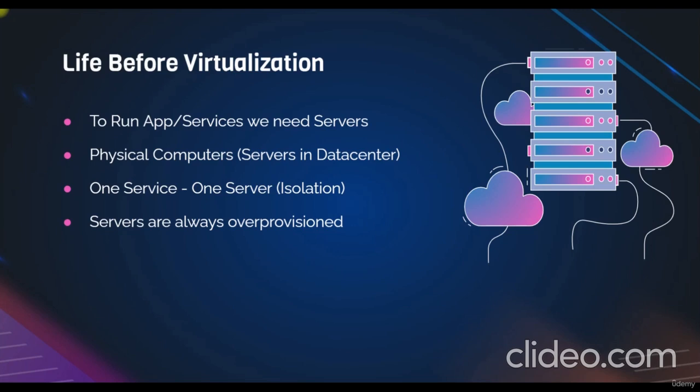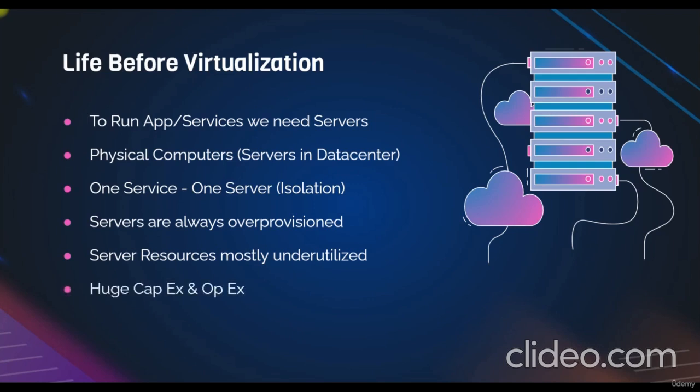That means if we need 8 GB of RAM, we will go for 12 GB of RAM. IT team will always over provision servers. But server resources are mostly underutilized. You will say, if it's underutilized, then why is it over provisioned? Well, the IT team will always go for extra just in case, so they don't run out of resources. But all this results in huge capital expenditure and operational expenditure.